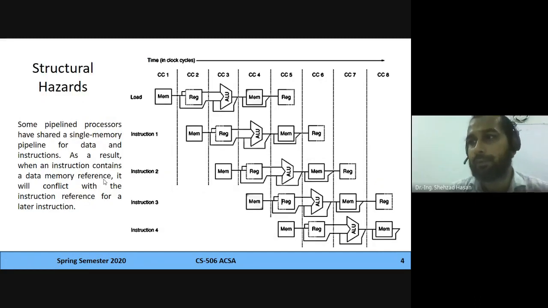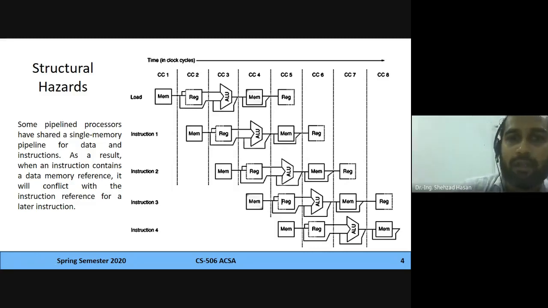Right. So let's concentrate on this diagram over here on the right. If you see over here, we have a sequence of instructions in the pipeline, and here the pipeline's hardware modules are shown in a replicated way.